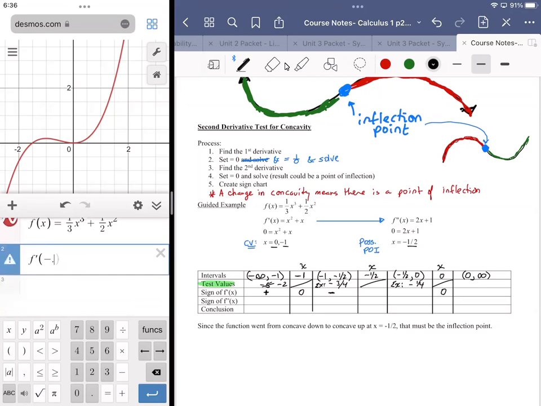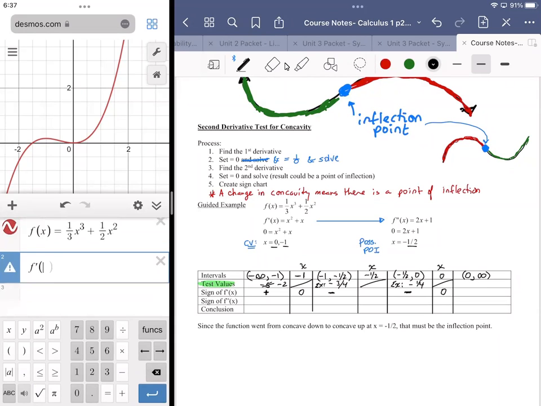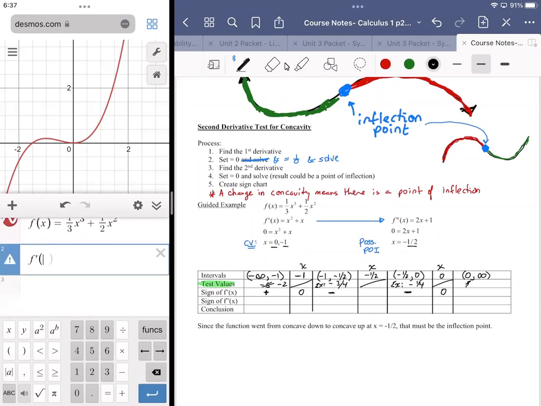Like -0.0001, still negative. No matter what I put in that interval, I'm getting a negative number. All right. And then finally, anything bigger than 0. So like a 1, that's a positive number. 2, still positive. A 5, still positive. So for example, let's say I put a 5 in there. It's a positive number. It doesn't matter what you put in, as long as it's bigger than 0.